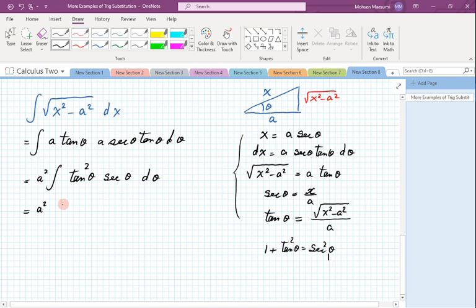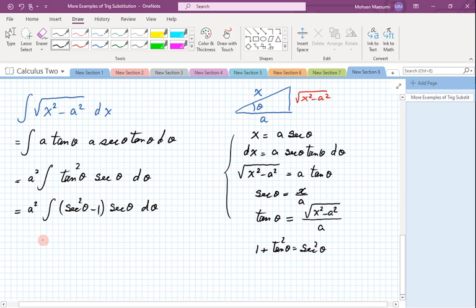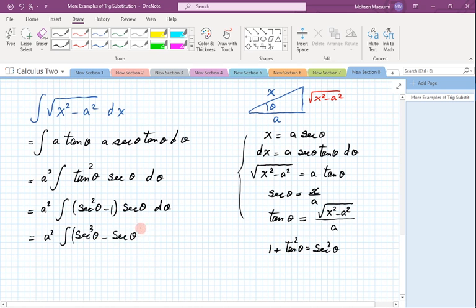So if you want to convert to all secants, this can be written as secant squared of theta minus 1 times secant of theta d theta. So that becomes a squared times secant cubed of theta minus secant of theta, all of that d theta.